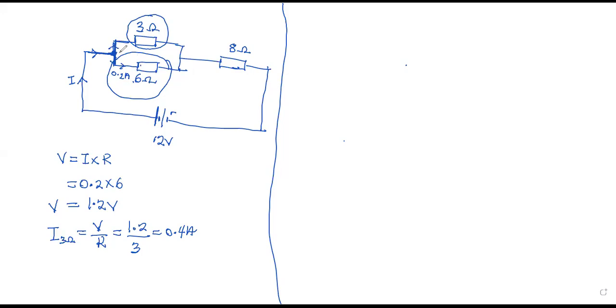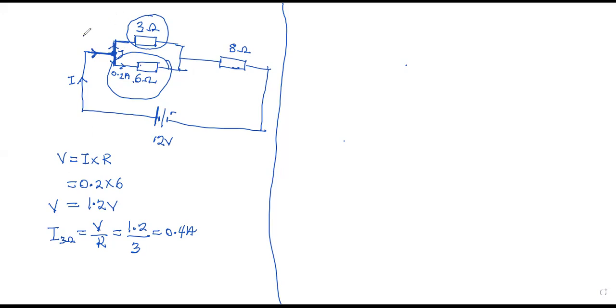Okay, so the current through the 3 ohm, through the 6 ohm are leaving this junction, J. And the total current leaving the junction must be equal to the total current entering that same junction.